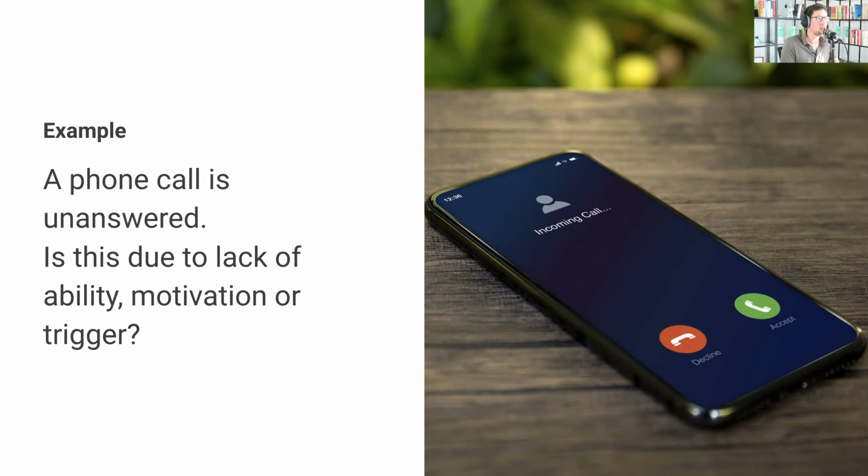Or maybe I'm in the kitchen stuffing a turkey, so my hands are dirty and I cannot answer it. Then it's ability. There's not enough ability on my end to actually do the behavior. Or maybe my phone was on silent, so I didn't hear it. Then there was no prompt, no trigger, right? So you always need to have all three in the right balance to get a desired behavior.